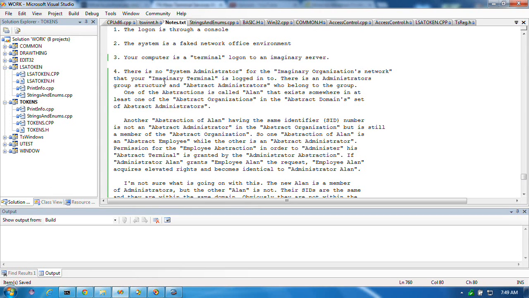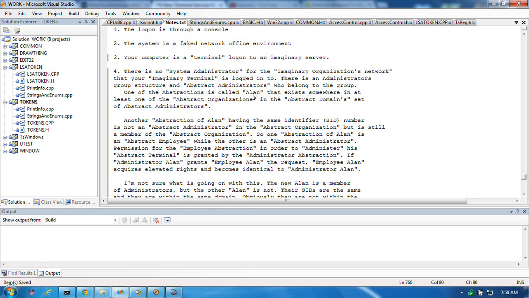That my imaginary terminal is imaginatively logged on to, virtually logged on to. There's a structure called administrators, and there are administrator abstractions that belong to that structure.